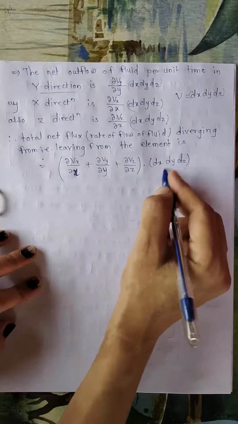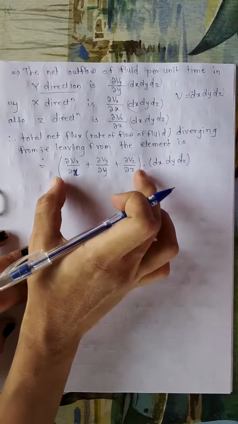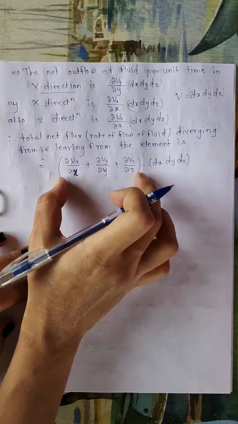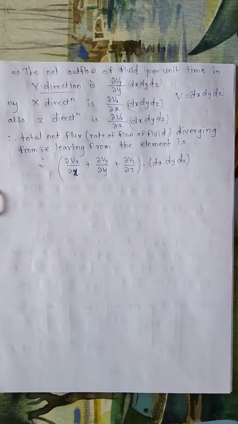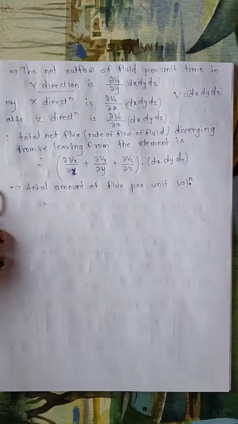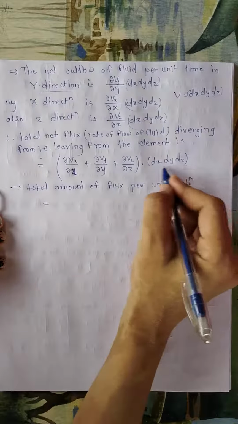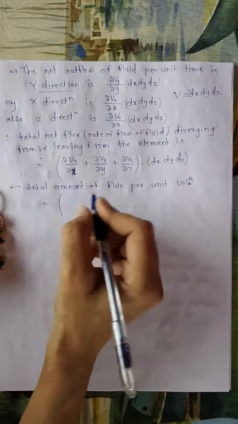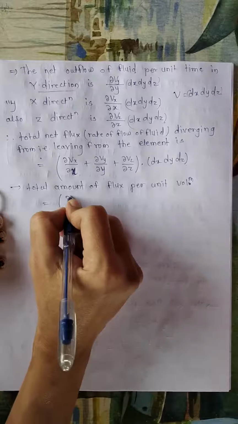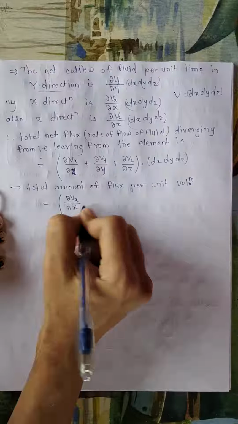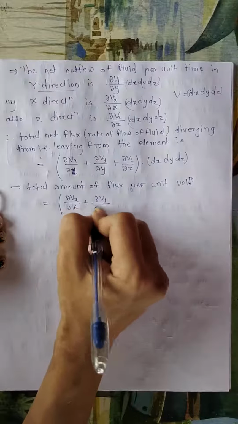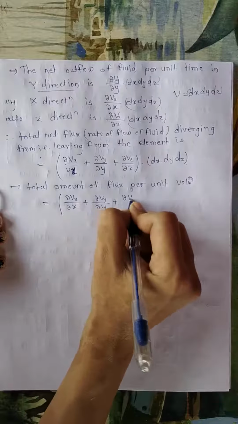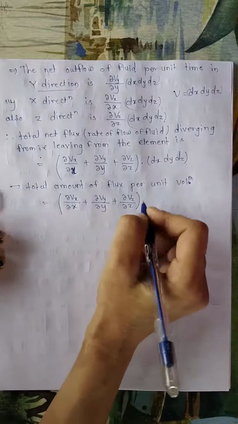Both will get cancelled, and only the quantity inside the bracket will remain, which gives you the total amount of flux per unit volume. So after dividing this with volume element, the total amount of flux per unit volume will be dou Vx upon dou x plus dou Vy upon dou y plus dou Vz upon dou z.